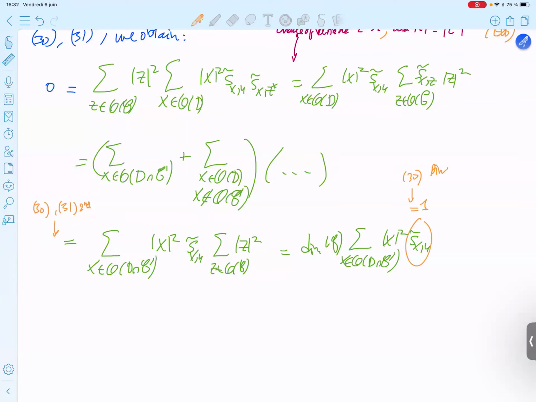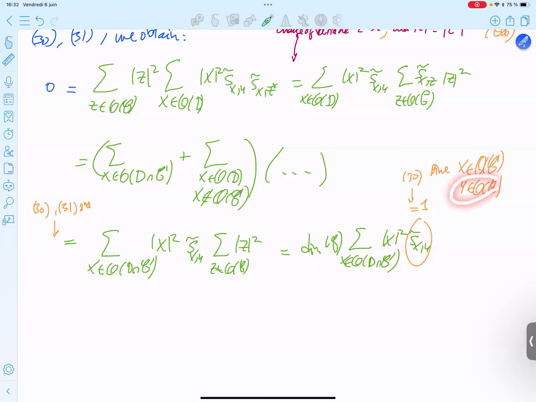Since x is in the centralizer of C prime, and y, where is y? Y is in C. You don't care about y. C is the total category. We know that x is in the centralizer of C, more precisely in this intersection, but in particular here.